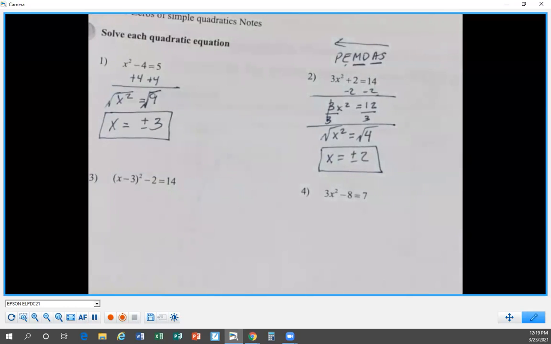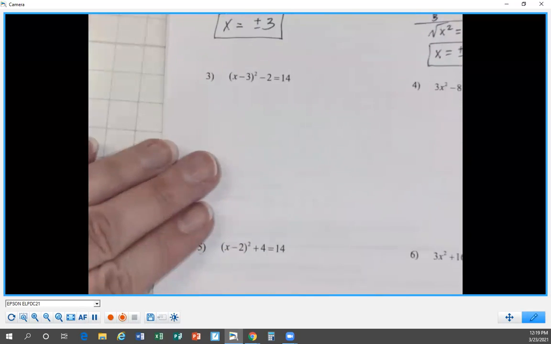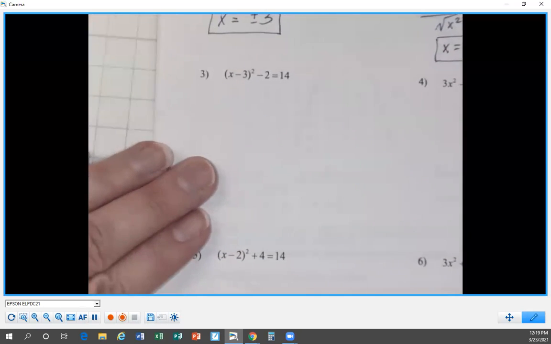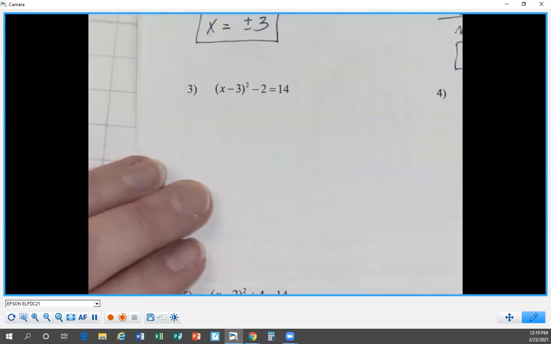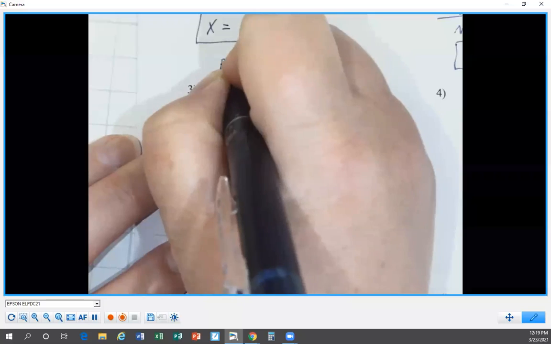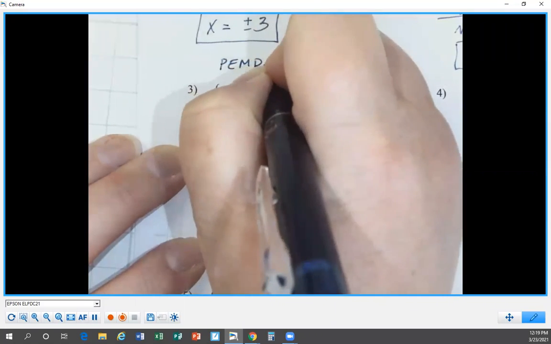Okay, number 3. We have the quantity (x - 3) squared minus 2 equals 14. So again, remember, we're always following that order of operations in reverse.